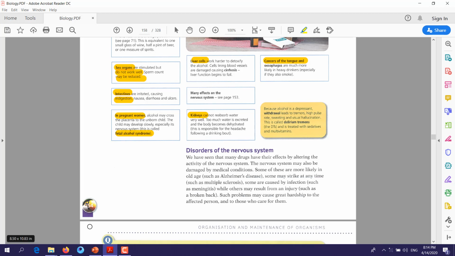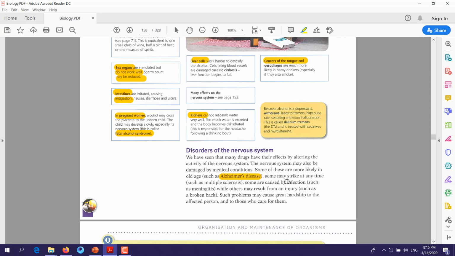Disorders of the nervous system. In addition to the disorders that we mentioned before because of the drugs, the nervous system can still get some diseases from other substances, not only from drugs. For example, Alzheimer disease.